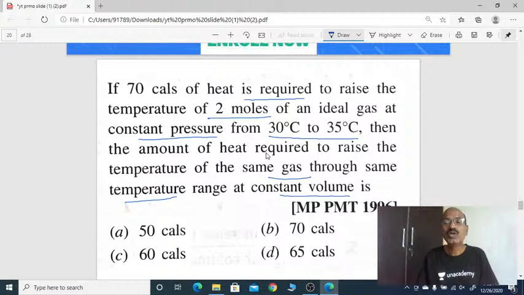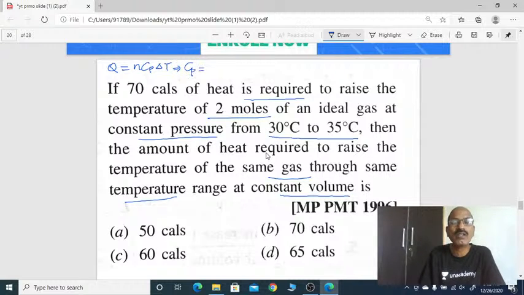We know that the quantity of heat required Q equals N Cp delta T. Remember, this is the specific heat at constant pressure. From this, Cp equals Q divided by N into delta T.